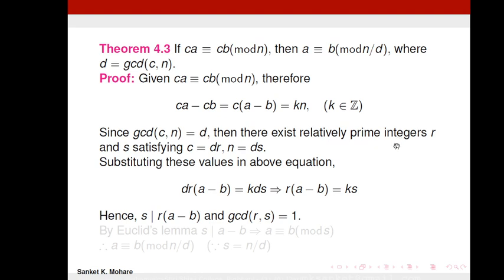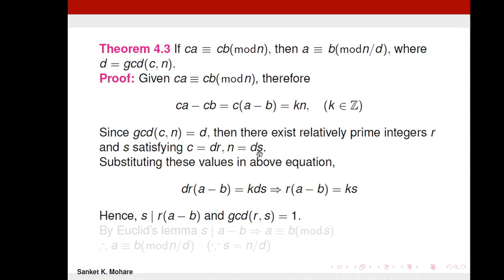Relatively prime integers means that R and S possess GCD 1, that is, GCD of R comma S is equal to 1. So there exist relatively prime integers R and S satisfying C equals dr, n equals ds.